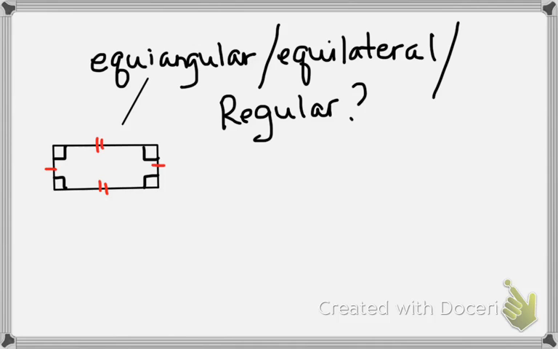How about something that you could name as being equilateral but not equiangular? Anyone come up with a shape to do that? Equilateral, not equiangular. No, because a triangle that has equal angles is forced to be equilateral.